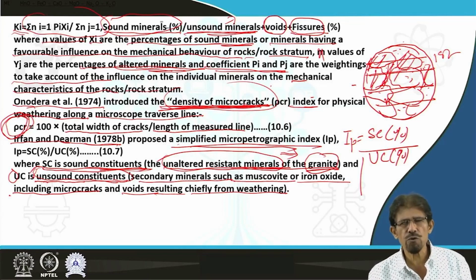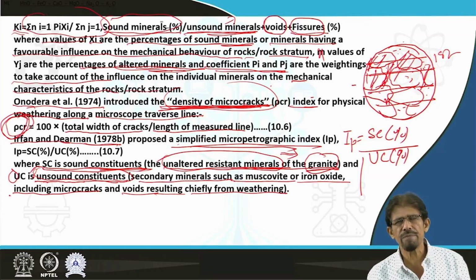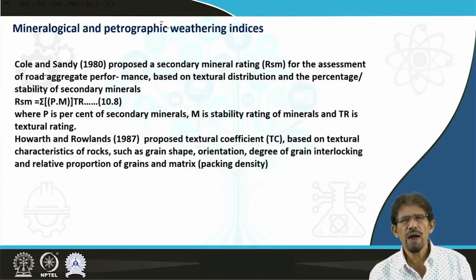We are going to translate the geological information in a quantitative way so that the other members of the team can utilize it. So in this direction, this is a small attempt to quantify the weathering or weathered ground based on chemical approach, based on mineralogical approach, and based on petrographical approach.